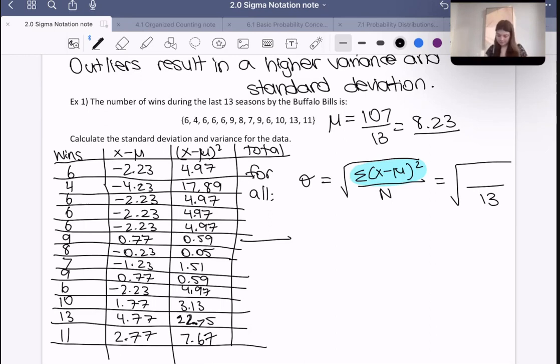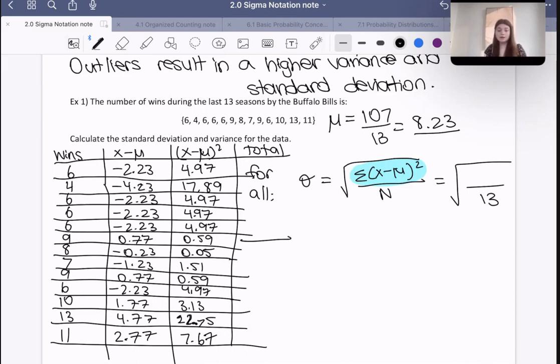Okay. So 4.97 plus 17.89 plus 4.97 plus 4.97 again plus 4.97 again a third time, plus 0.59 plus 0.05 plus 1.51 plus 0.59 plus 4.97 plus 3.13 plus 22.75 plus 7.67.